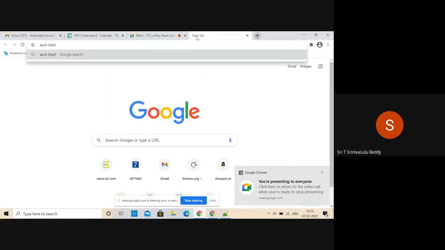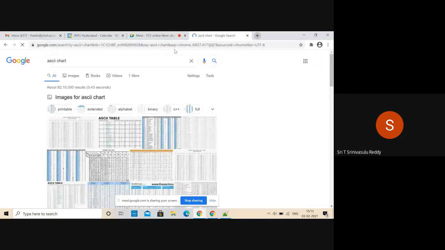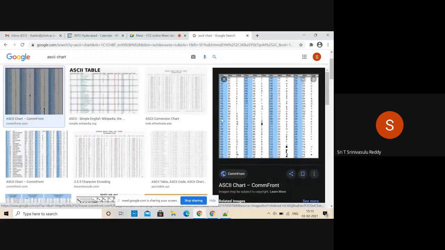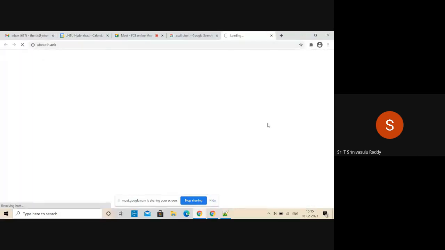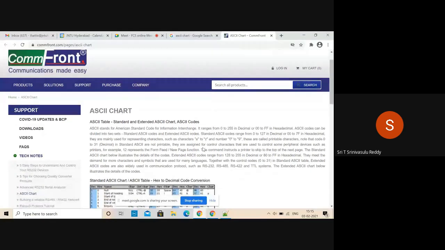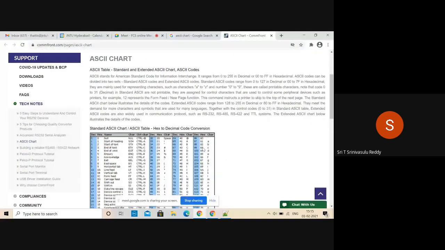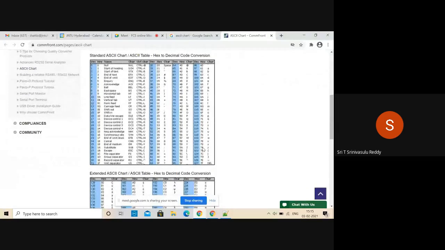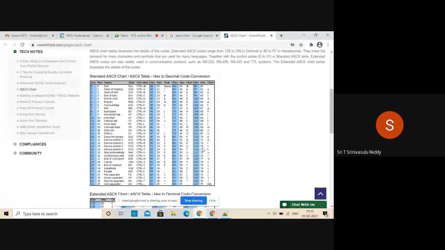You can see it's displaying so many things. Any one of them we can use. You see ASCII chart, standard, extended, everything it is saying. Extended ASCII is later on. This is the actual thing.